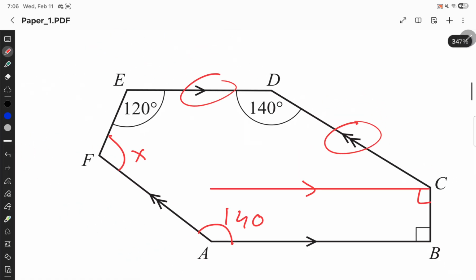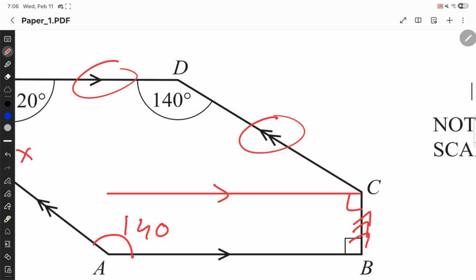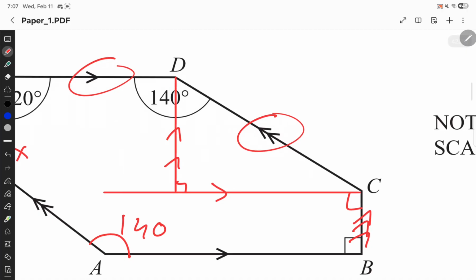Well, if we make another cut like so, this is going to be parallel to this.